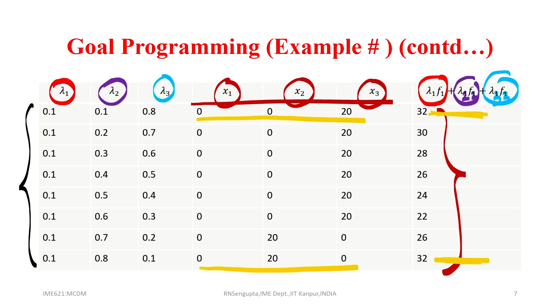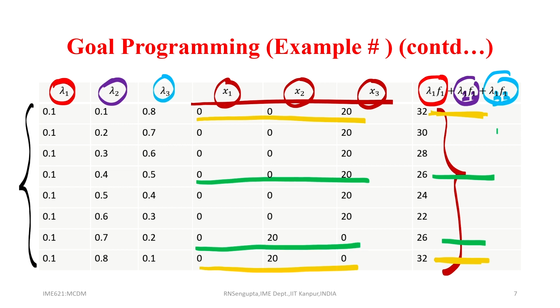Now, do we have any other sets of Pareto points? If I use the green color, this is 26, 26 objective function, and the Pareto points are 0, 0, 20 and 0, 20, 0. Now, if I consider these two and these two, the points are the same, but the objective function values are different. Why? Because the weights are different, and that should be remembered.